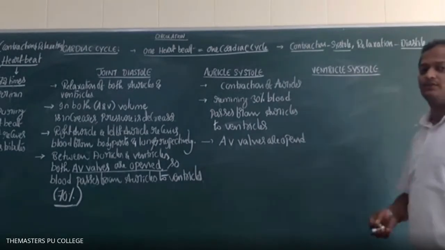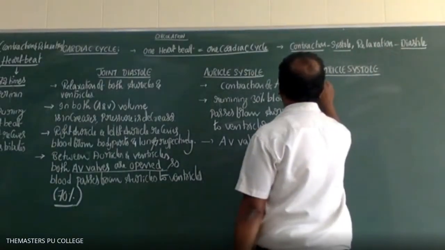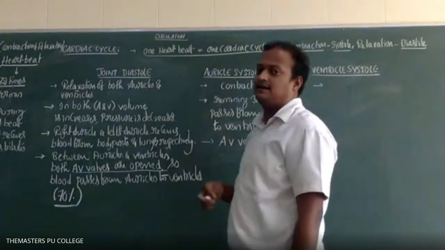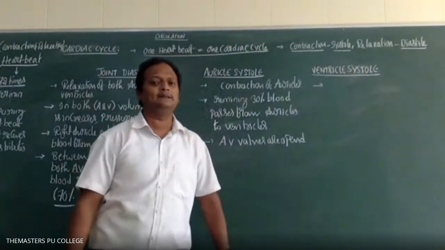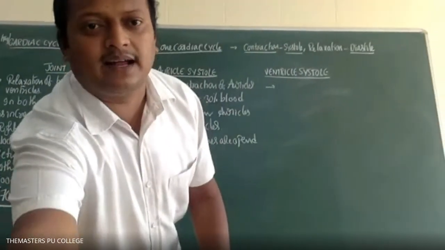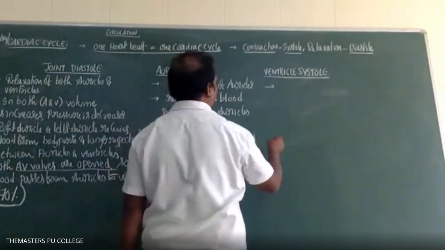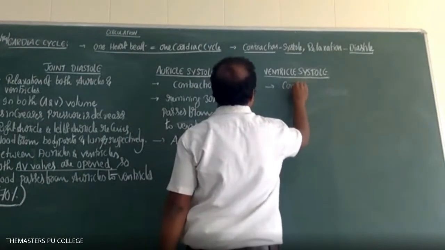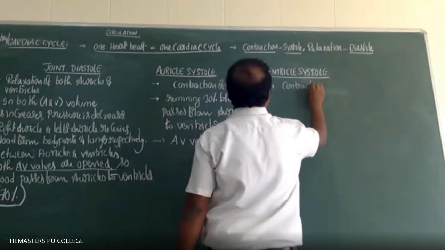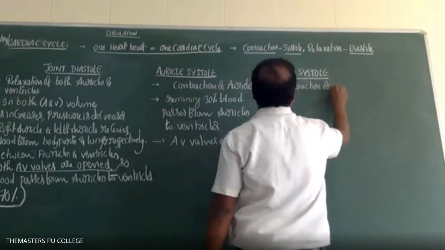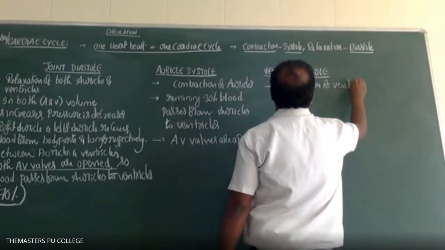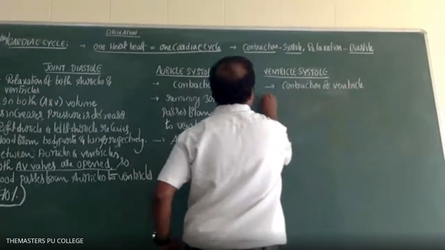Ventricular systole. What does ventricular systole mean, students? Contraction of ventricle or relaxation of ventricle? Contraction. Ventricular systole is nothing but contraction of ventricles. Both ventricles or only one ventricle?